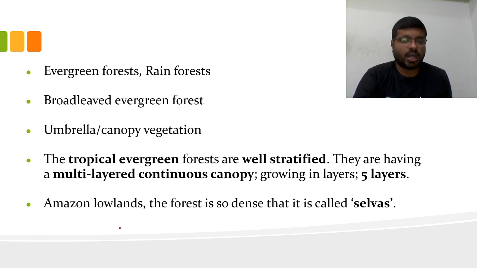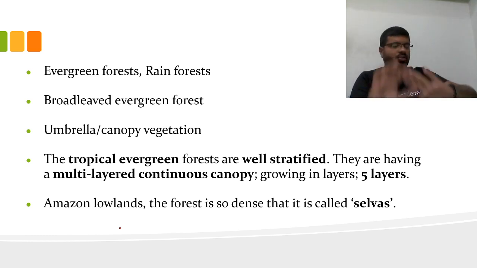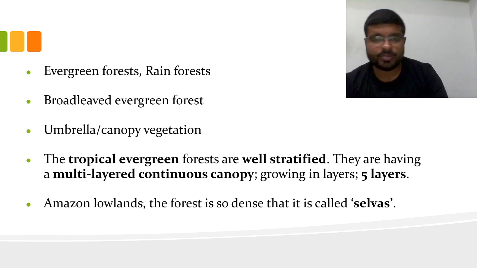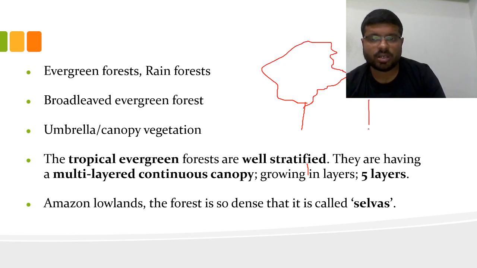And what is the variety of vegetation you find? Canopy vegetation, umbrella based vegetation, where the vegetation is umbrella shaped. You can see the trees in this fashion, one tree in this fashion.